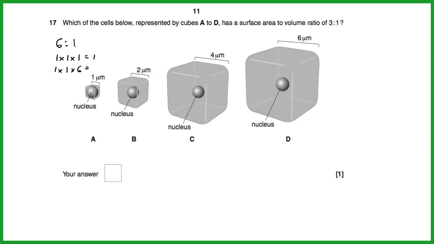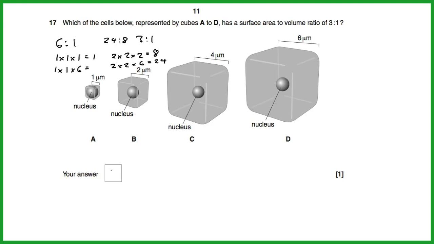Cube B has got a volume of 2 times 2 times 2, which gives you 8. And it's got a surface area of 2 times 2 times 6, which gives you 24. So it's got a surface area to volume ratio of 24:8, which is 3:1.